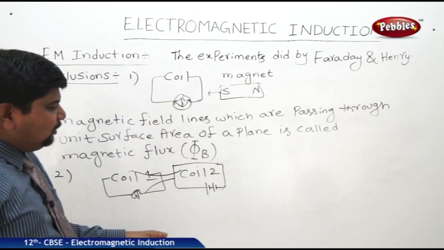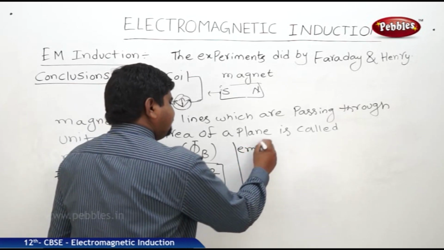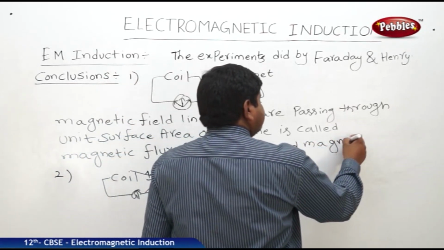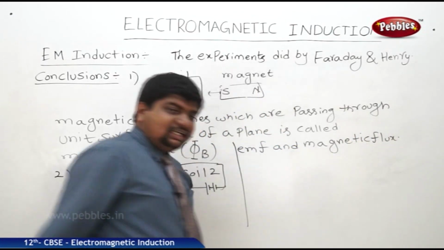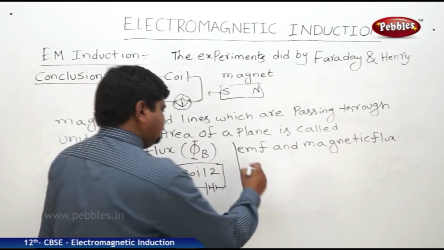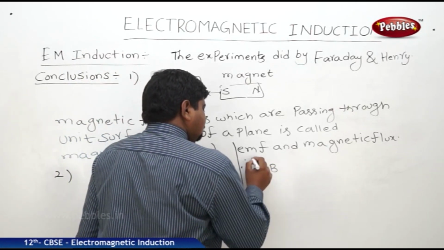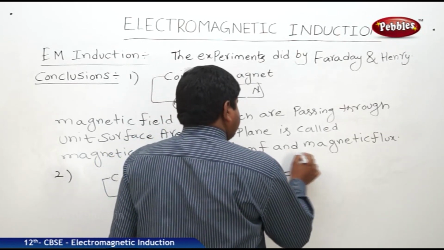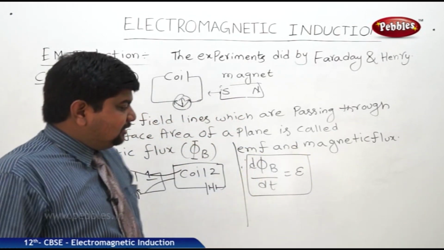So concluding, he has given one equation which relates the EMF and magnetic flux. So what is that equation? d phi B by dt is equal to E. What is d phi B by dt?